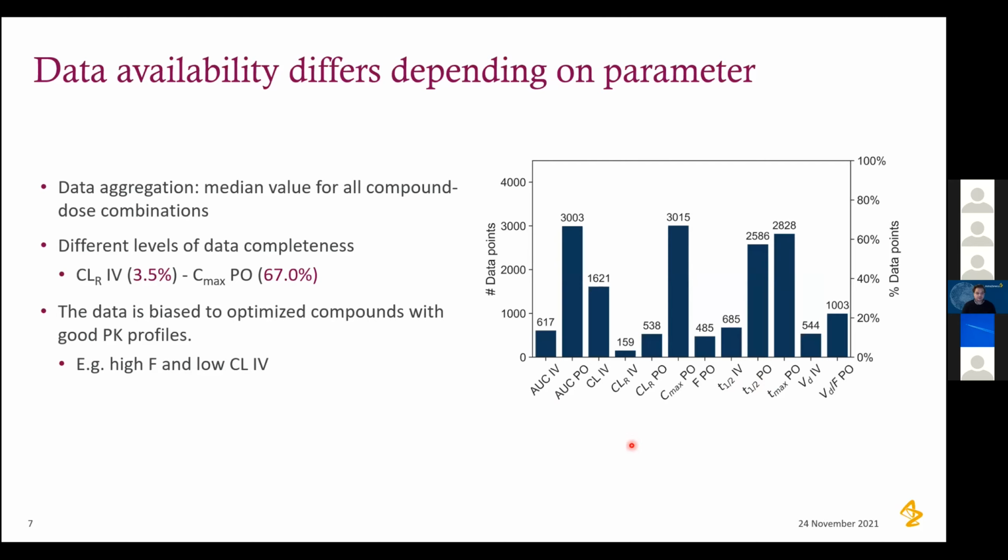The level of data completeness ranges from 3.5% for renal clearance up to 67% for Cmax PO. It's also worth mentioning that this data is biased towards compounds with good PK profiles, more than your typical early drug discovery data set, because this is clinical data, meaning that there's a bias towards high bioavailability and low clearance, for instance.